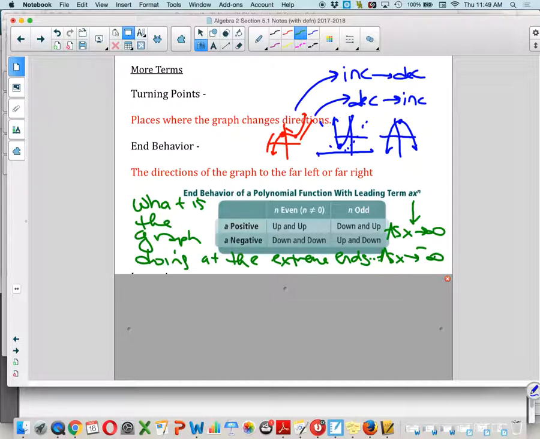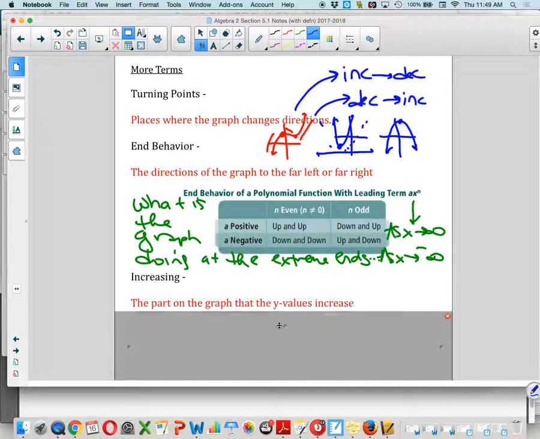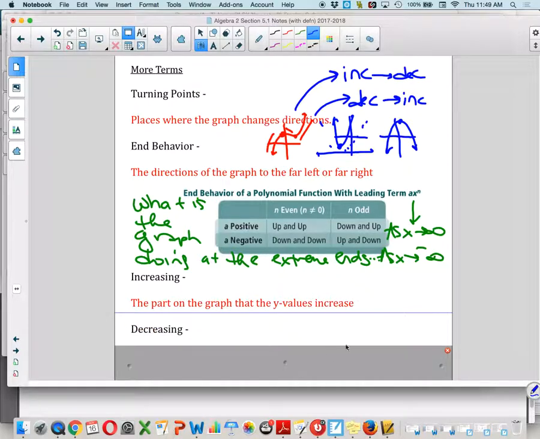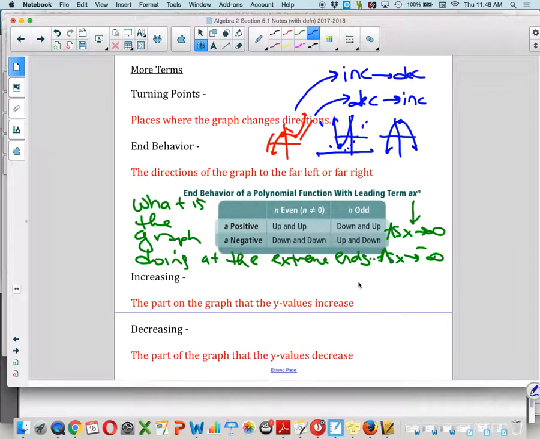One other key phrase to write down is this idea that I just threw out there, but we're going to talk about all these characteristics in a minute. One is the idea of increasing, and the other idea is that of decreasing. Increasing is the part of the graph where the y values increase as x values increase.